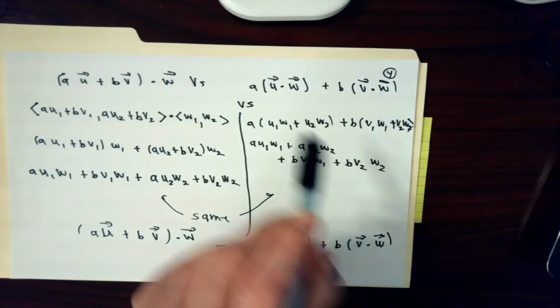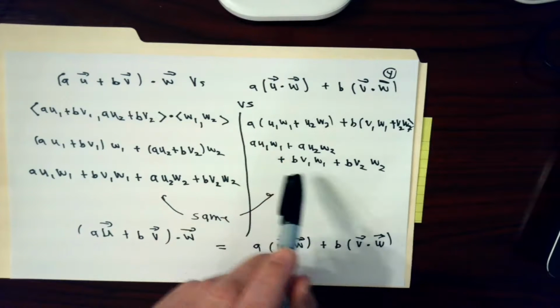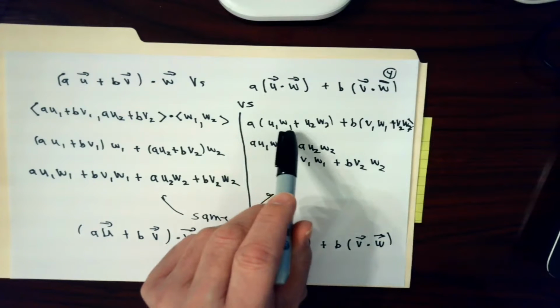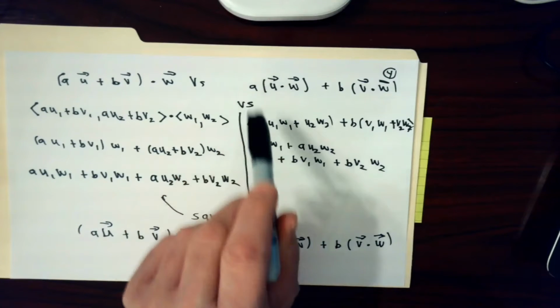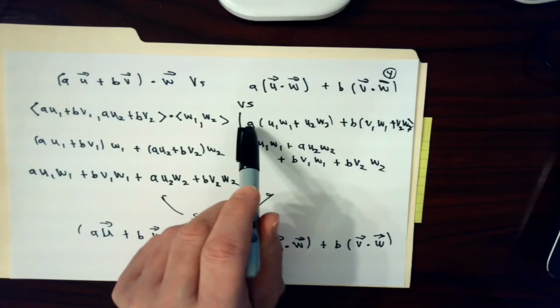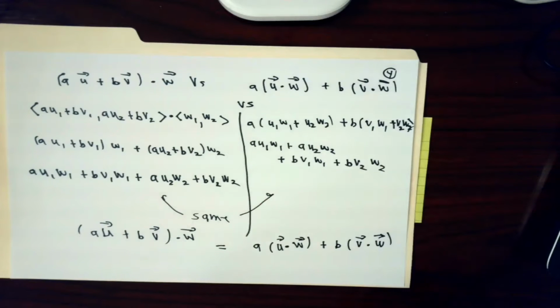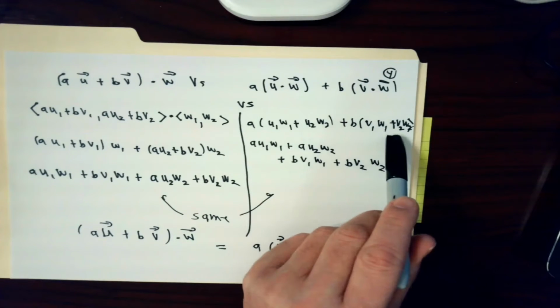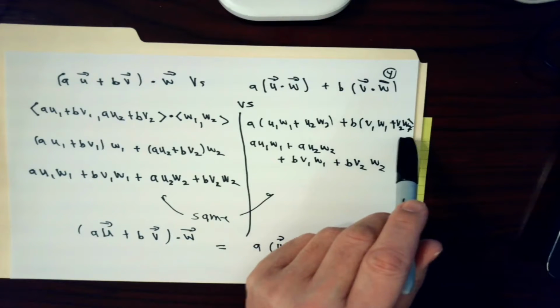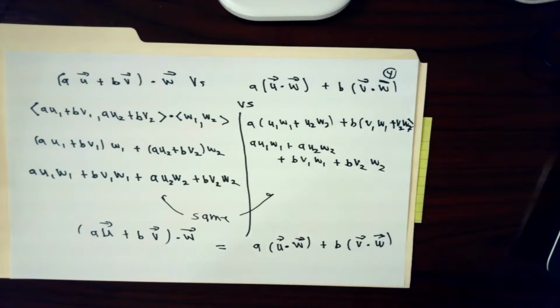On the other hand, if you look at u dot w, this is u1 w1 plus u2 w2, I'm going to multiply this number by a, and likewise, I'll have v1 w1 plus v2 w2 multiplied by the number b.